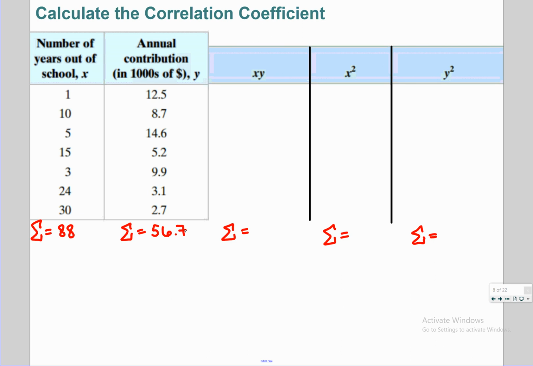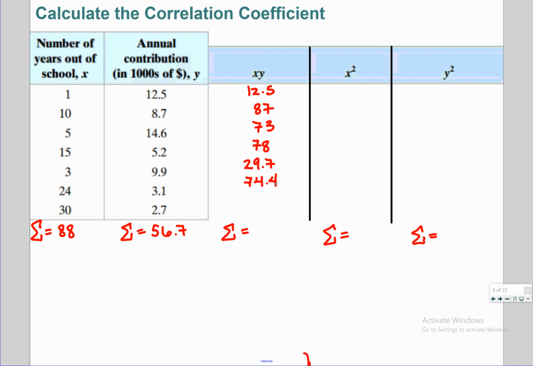Okay, to get the next few columns now, I'm going to multiply for the third column the x's and the y's together. For that top row, I'm going to do 1 times 12.5, so that gives me 12.5. 10 times 8.7 gives me 87. 5 times 14.6, 73. 15 times 5.2, 78. 3 times 9.9, 29.7. 24 times 3.1, 74.4.